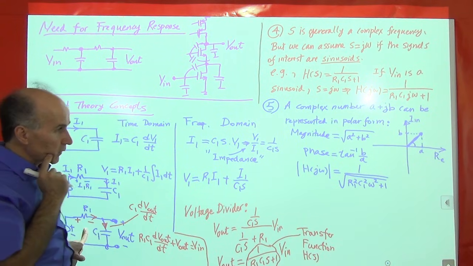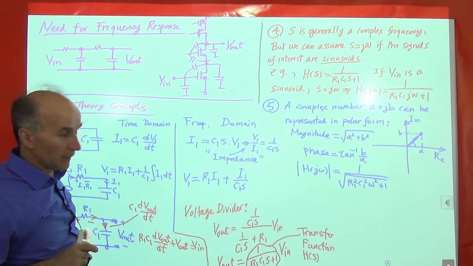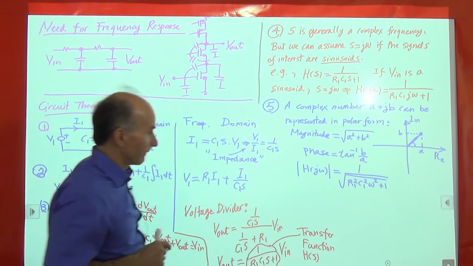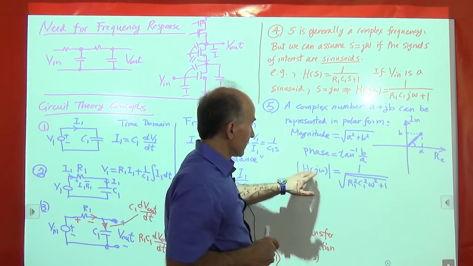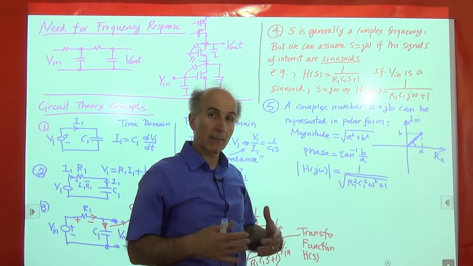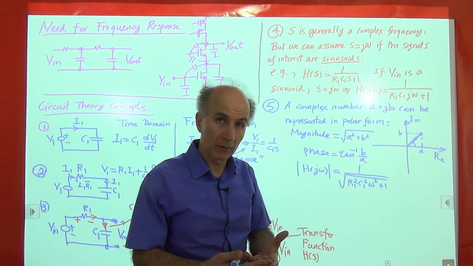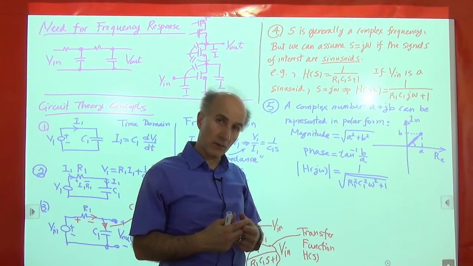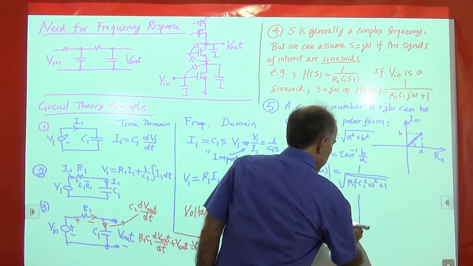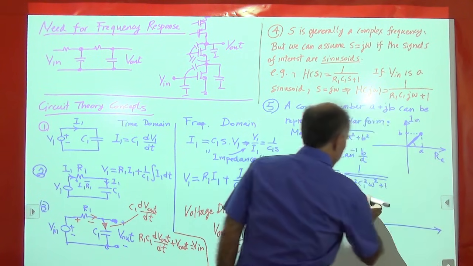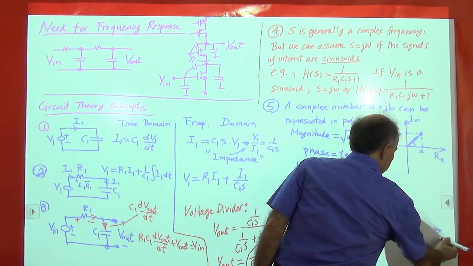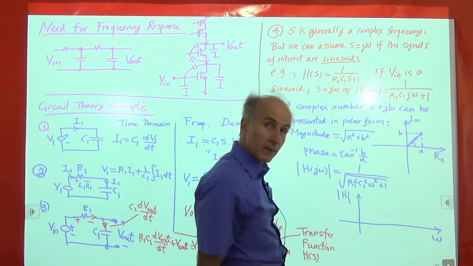Okay, so let's try to plot this and see what this says. Actually, this function is telling us something about the output amplitude when the input is a sinusoid. So let's just very generally try to plot this as a function of omega. So omega is called frequency.